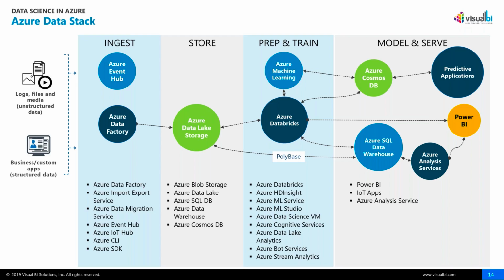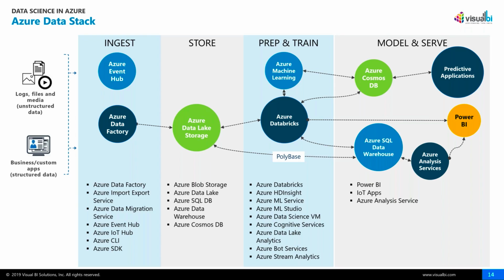First off, it describes the process to ingest data in the ingest field from an unstructured or structured format of the original source. Like you can see on the left, logs, files, media, or business custom applications. And then the data is introduced to the Azure environment through various services, for example, Azure Data Factory. Azure Data Factory orchestrates the data flow using a pipeline.